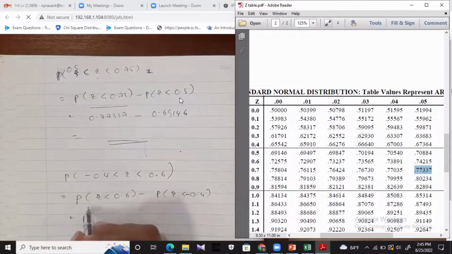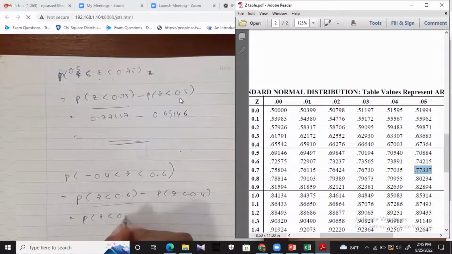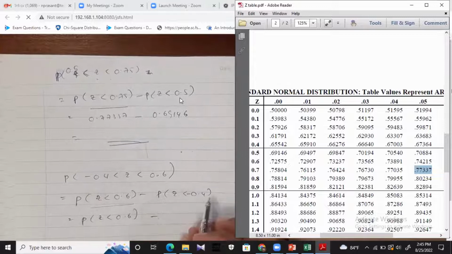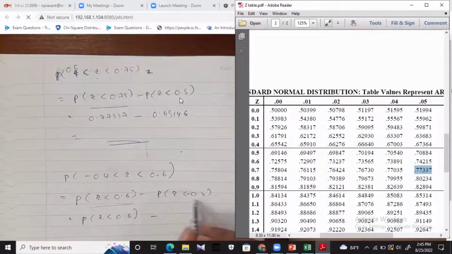We do not change the first term as we can read that probability from the table. Now try to convert this negative value into a positive value. How? If you want, you can draw the distribution first. But I can write this probability without looking at the diagram. But if you want, you can draw the diagram like this.